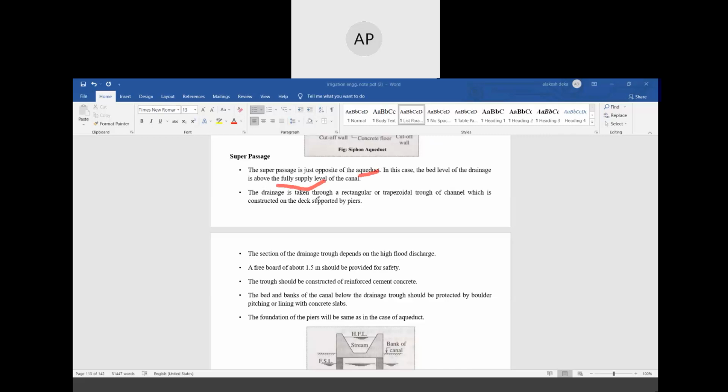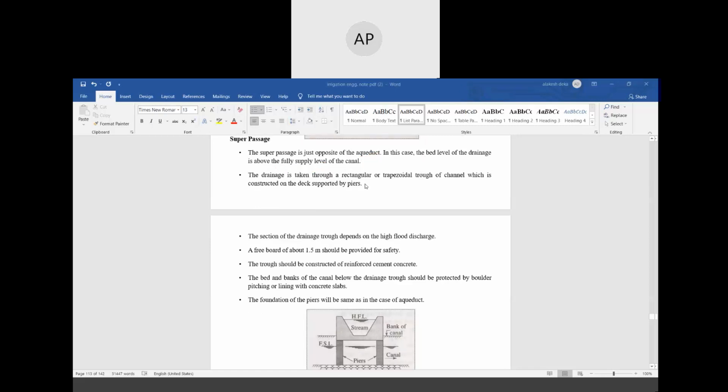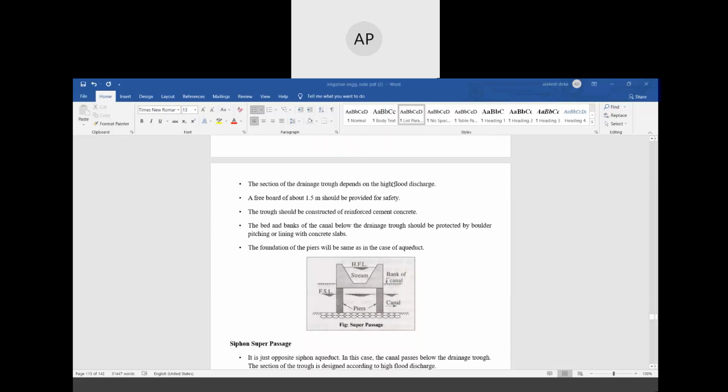The drainage is taken through a rectangular or trapezoidal trough or channel which is constructed on a deck supported by piers. The section of the drainage depends on the high flood discharge. So this is the figure of a super passage.